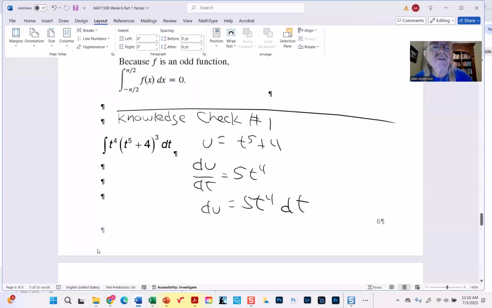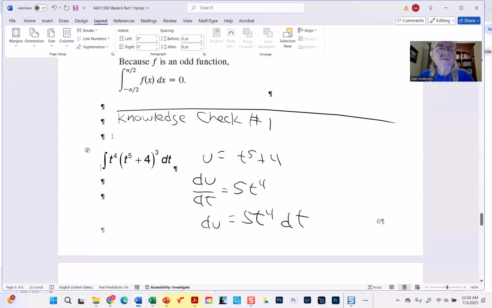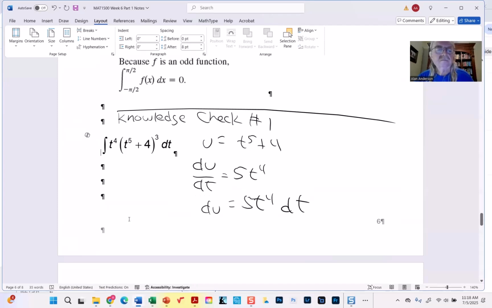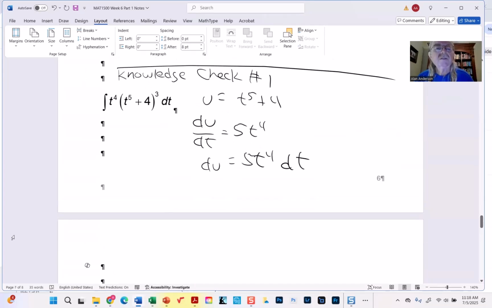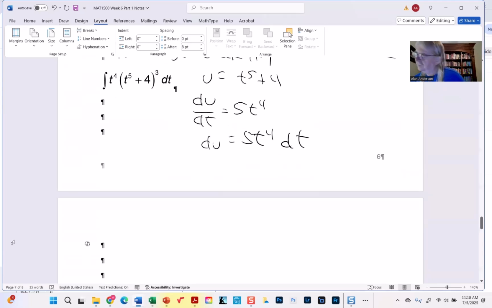Now, again, it's one of those cases where we don't exactly have what we need. We're off by a constant. So let's supply that constant. Actually, let me rewrite it slightly.